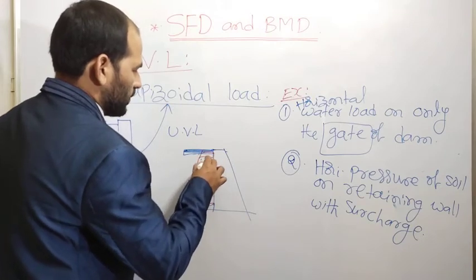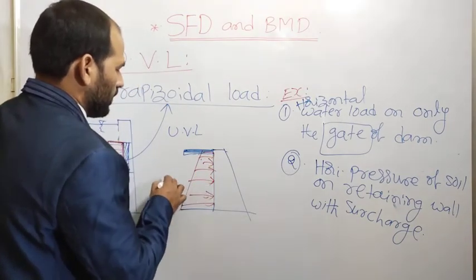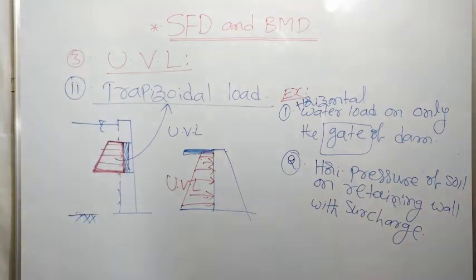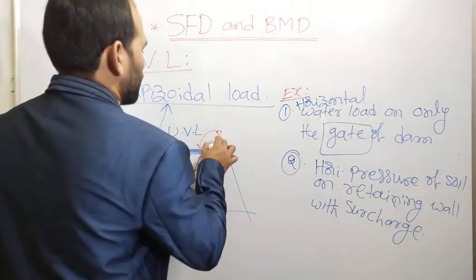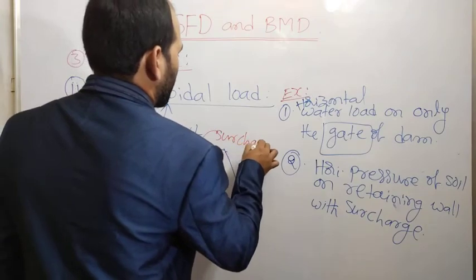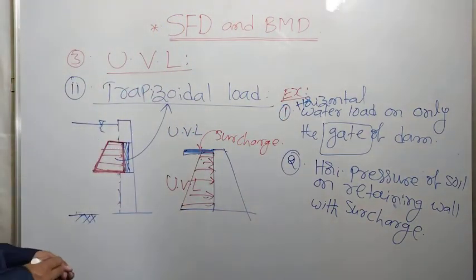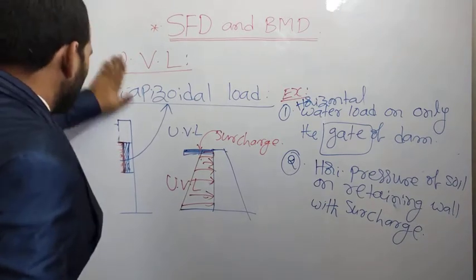This is called UVL load, the trapezium type of the load. This is the surcharge. So this is the UVL load, the trapezium type of the load.